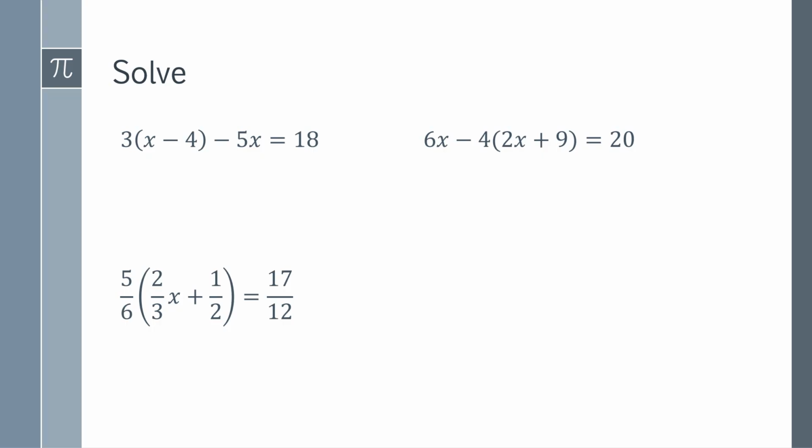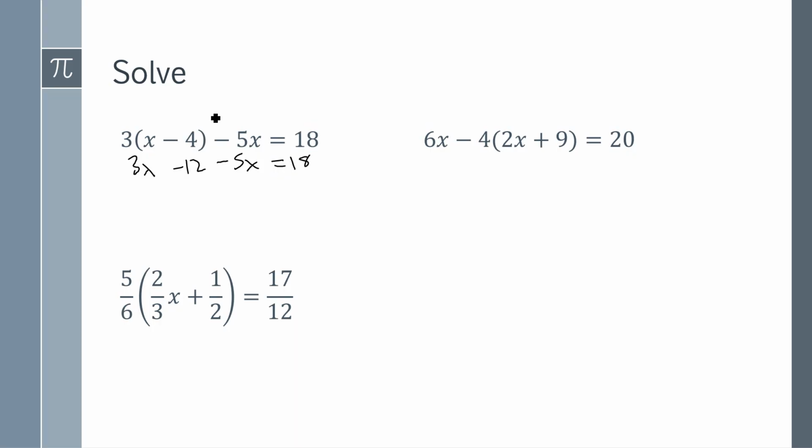And then I wanted to show you, well, what if I have a grouping, what do I do then? Well, I do have a grouping down here, but that one's easy. Alright, so even though the variable's on one side, I do have multiple steps. So here I see I should distribute this 3. So I have 3x minus 12 minus 5x equals 18.